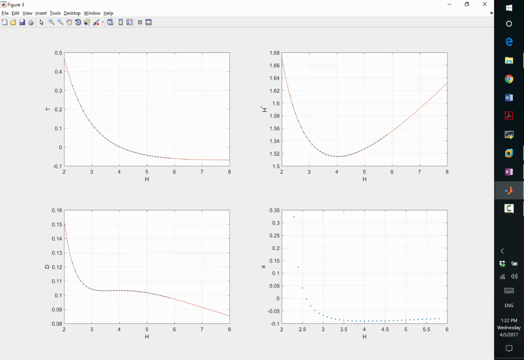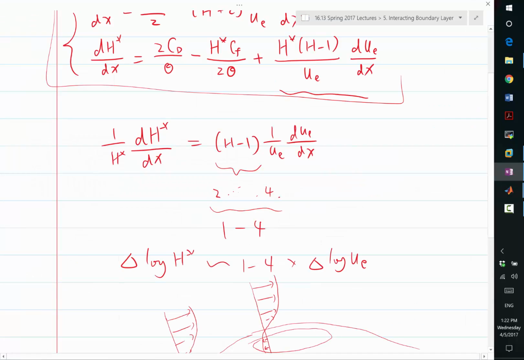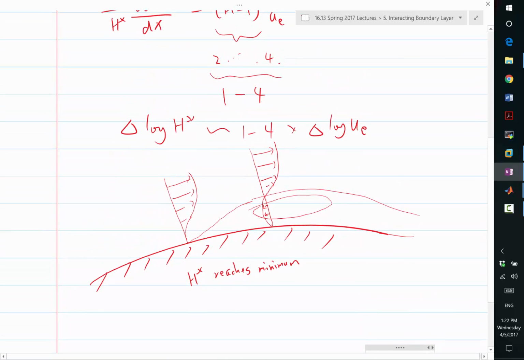That's because if you look at a separated profile, the displacement thickness suddenly is going to increase by a lot, because the whole separated region is going to be added into the displacement thickness, right?